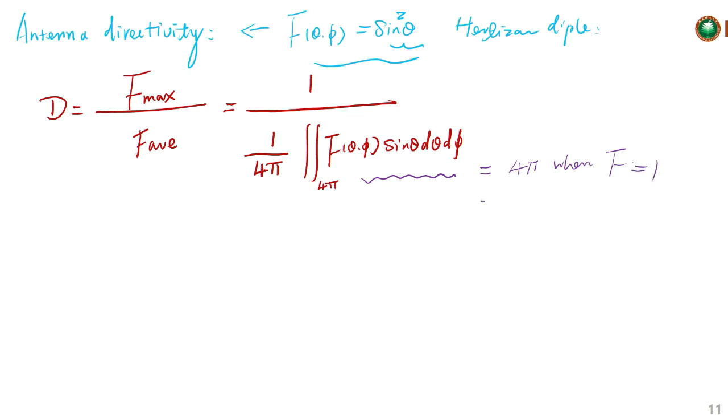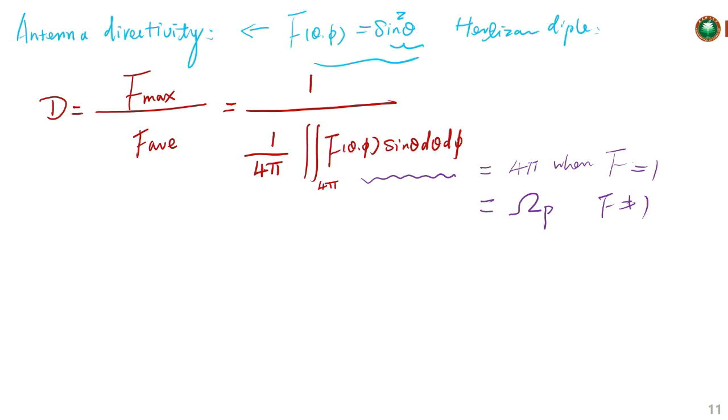But if it is not equal to 1, it also has a solid angle, just like omega p, because it has its own radiation coverage area, all right? So we call it omega p.